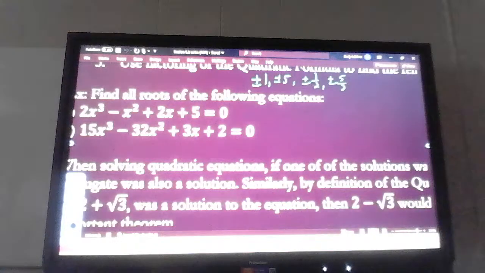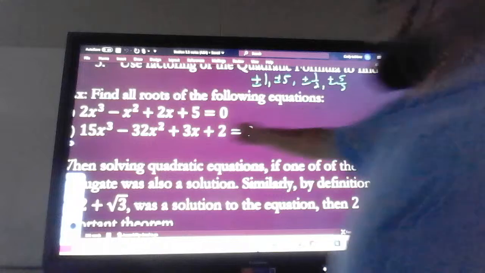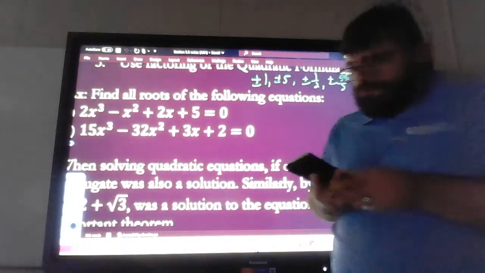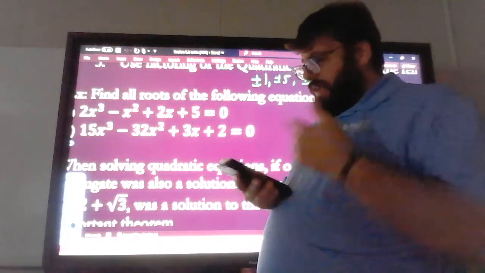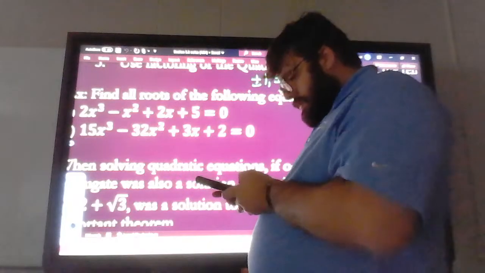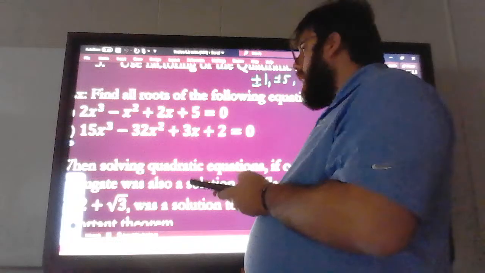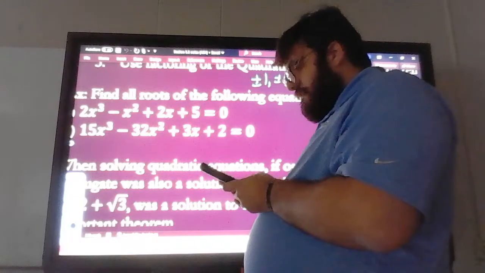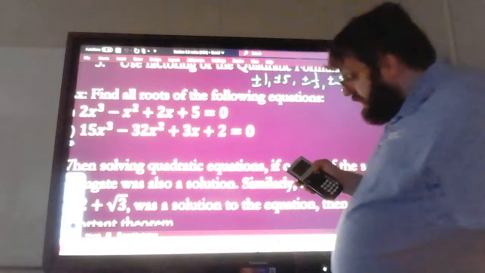Now we're going to do our guess and check. We're going to take some of these values and substitute them into the equation. If you're doing this on a calculator, this is where the graphing calculator comes in handy. If I go to the y equals section and type in this equation, 2x cubed minus x squared plus 2x plus 5, and press second and graph, it brings me to a table of x and y values.